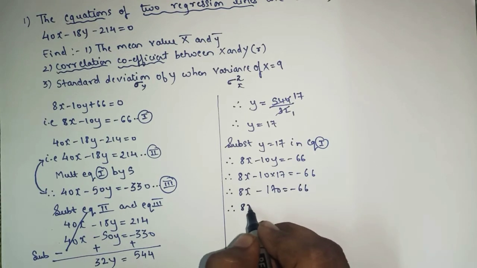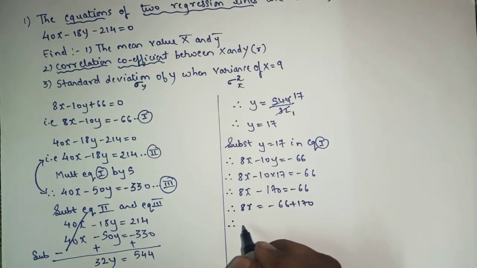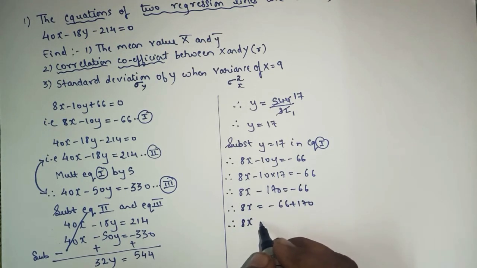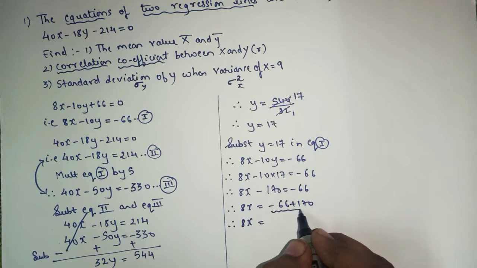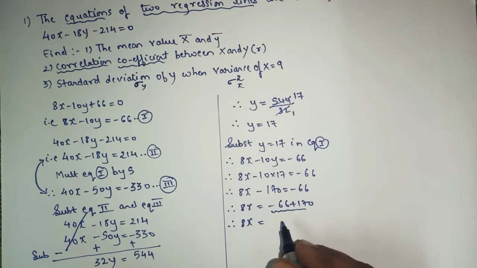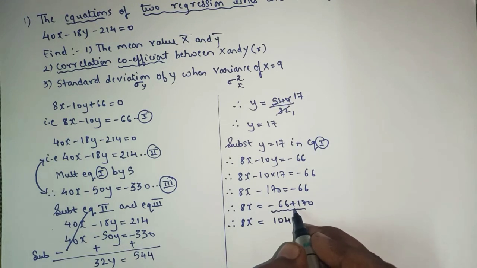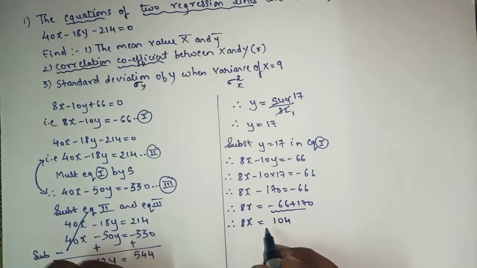So therefore 8x equals minus 66 plus 170. So 8x will be equal to what? When you subtract, 170 minus 66, the answer will be 104. The symbol for the greater number is positive, so here plus will come. Understood?